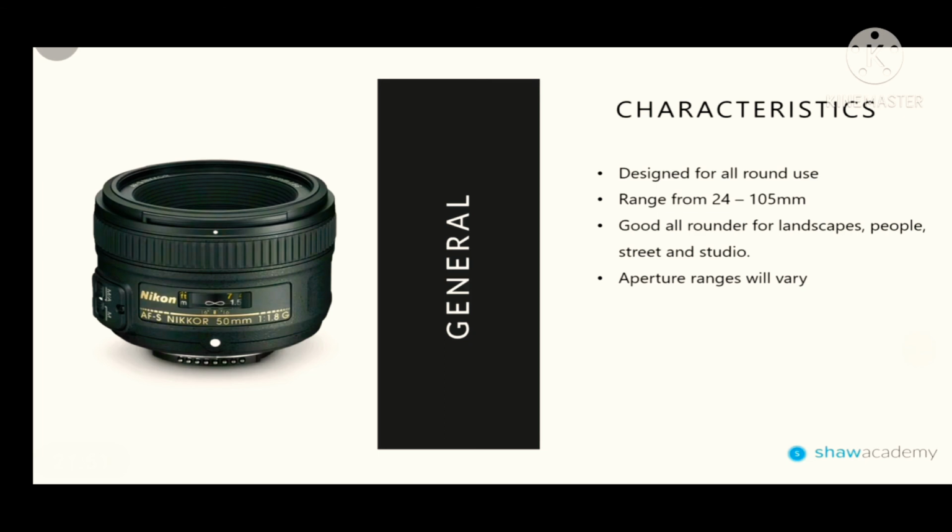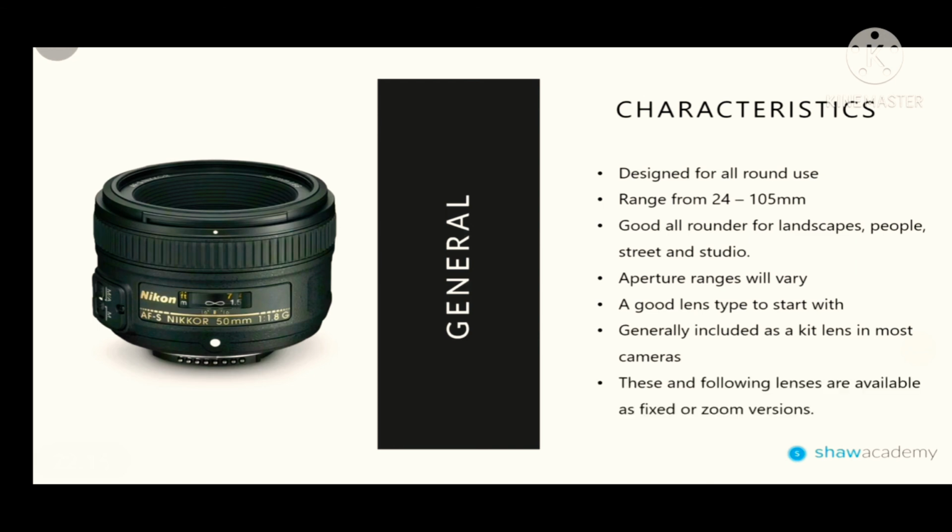Aperture ranges will vary again depending on the focal length, whether it's a zoom lens or a prime lens. But again, we'll speak about that in a later lesson. It's a great lens to start with, and is generally included as the kit lens in most cameras. As I said back in the first lesson, the lens that comes with your camera is a great place to start. There's no need to rush out and buy a brand new lens.